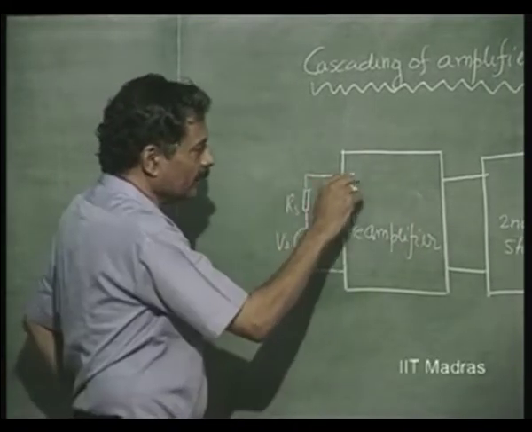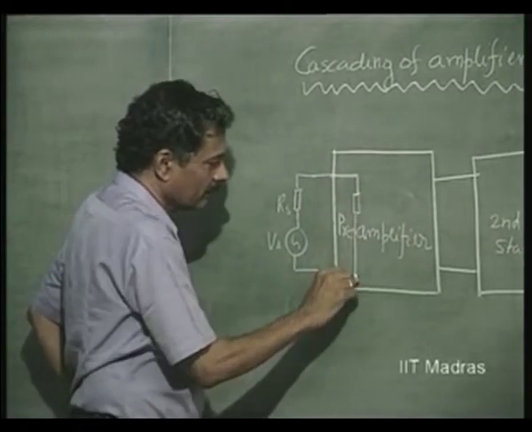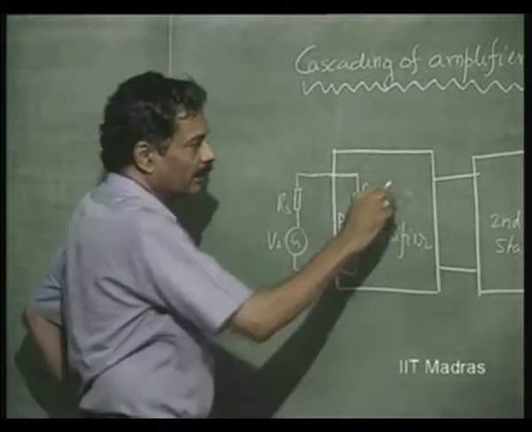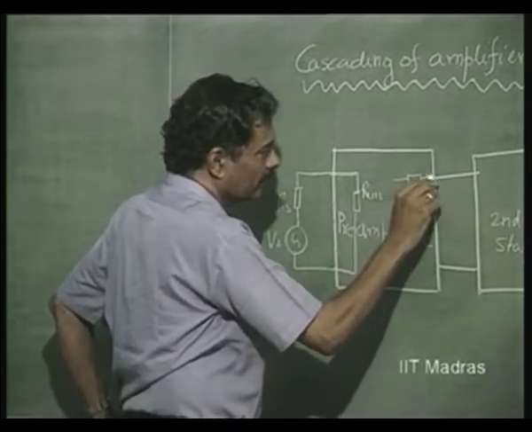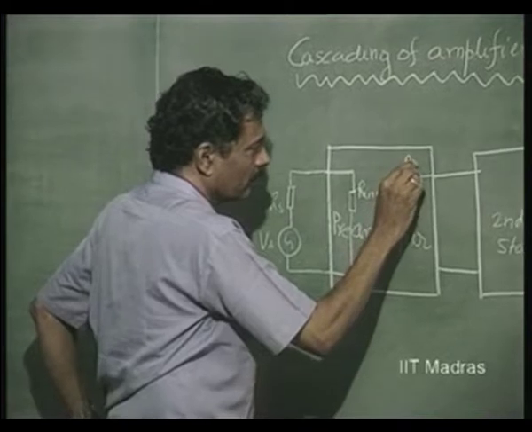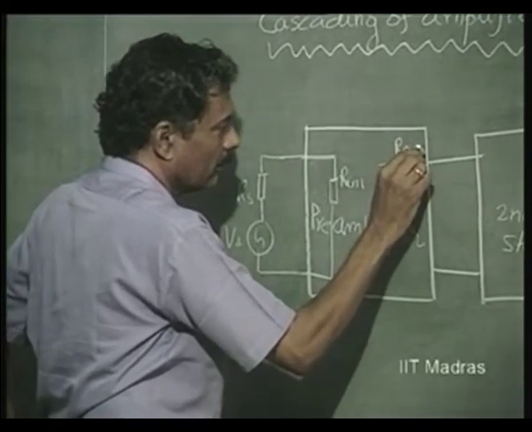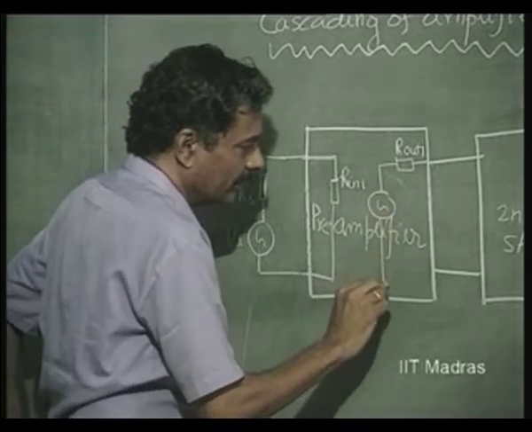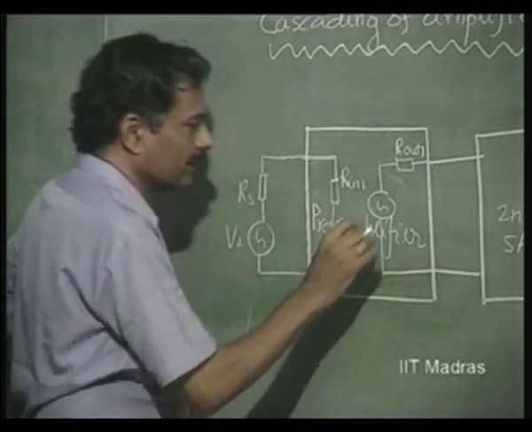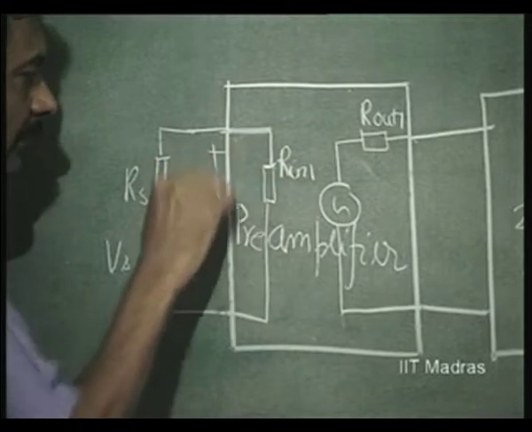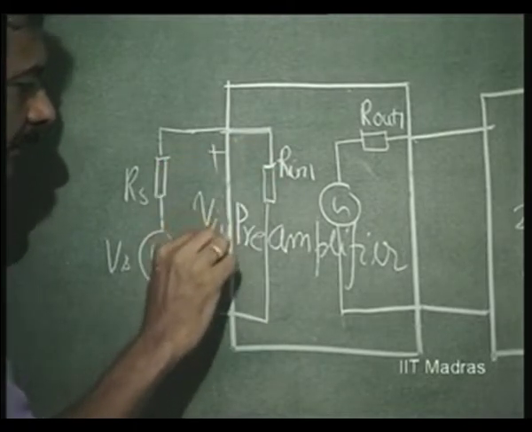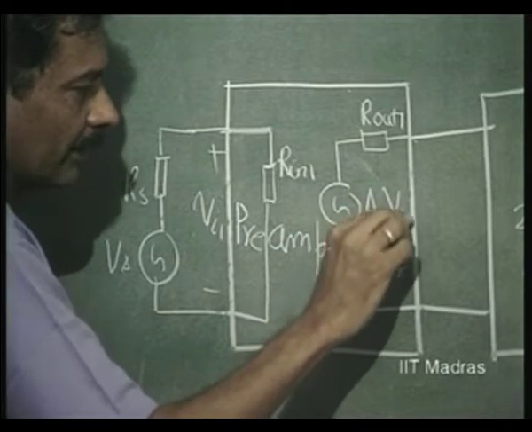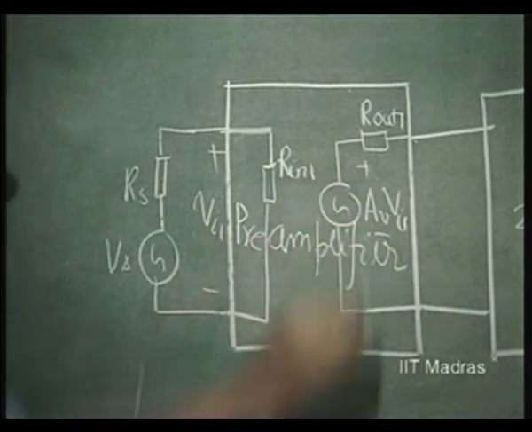So, it has its input impedance, it has its output impedance, and it has its voltage gain or current gain, whatever it is. So, we will consider here this is VI1 and therefore, AV times VI1 is the voltage gain, let us say.